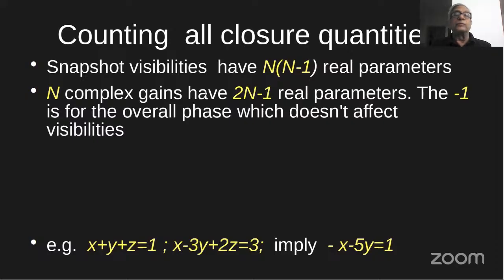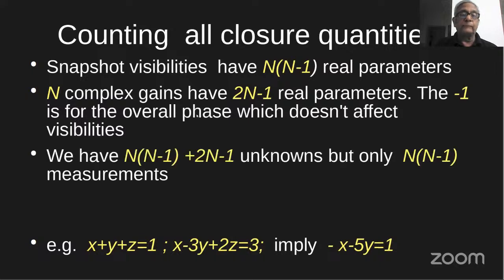You'll still get the true visibilities, because every visibility has a GA and a GB star. So if the same phase is applied to GA and GB, the right count is 2n minus 1. So we are in a similar situation that you have more unknowns than equations.